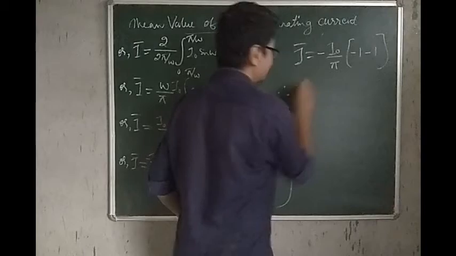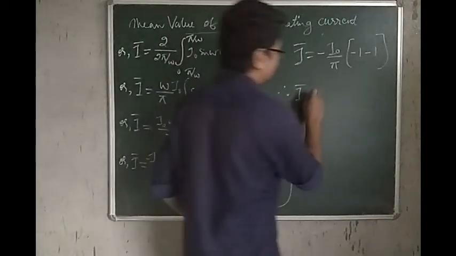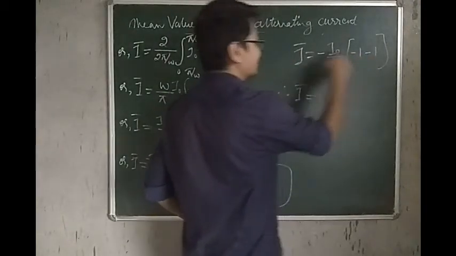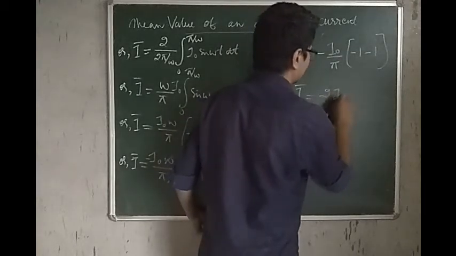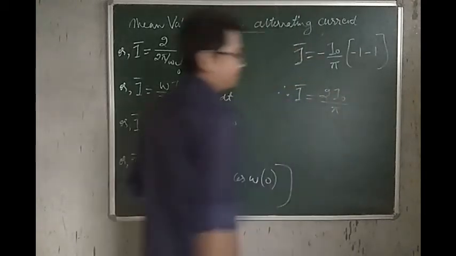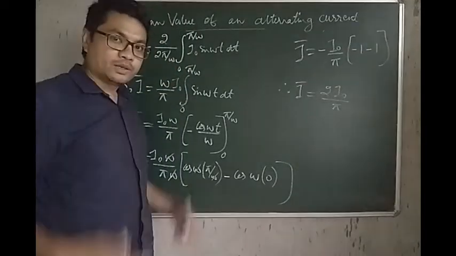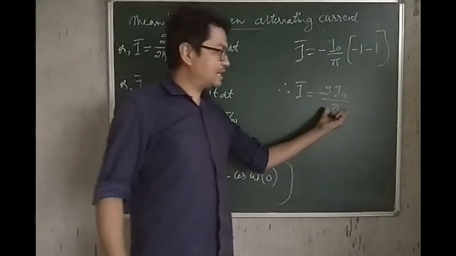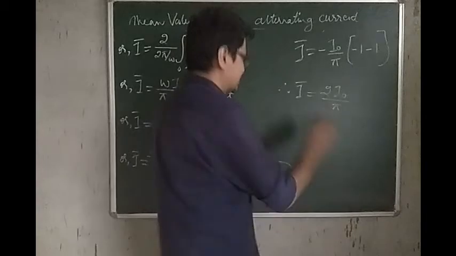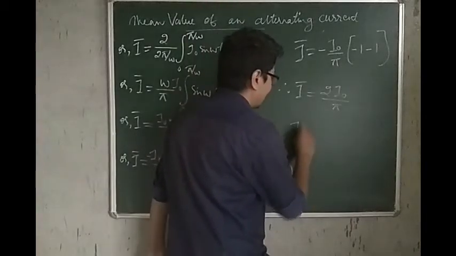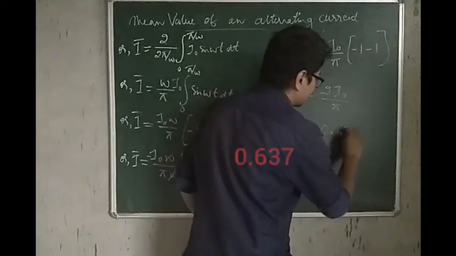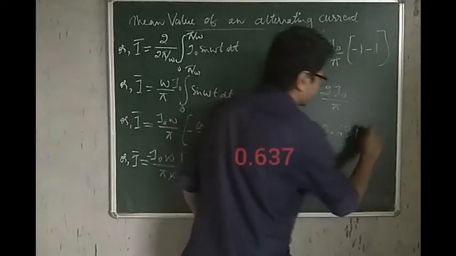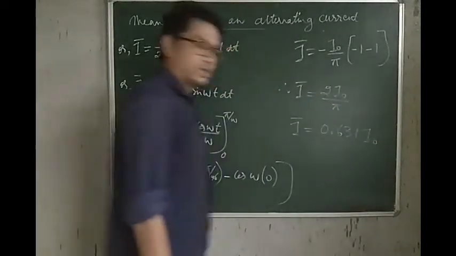Therefore, the mean value of the current for half a cycle: this minus sign and this minus sign become plus. So this is 2 I naught by pi. If we now substitute the value of pi, 3.1416, we get I bar equal to 0.6366 times I naught.